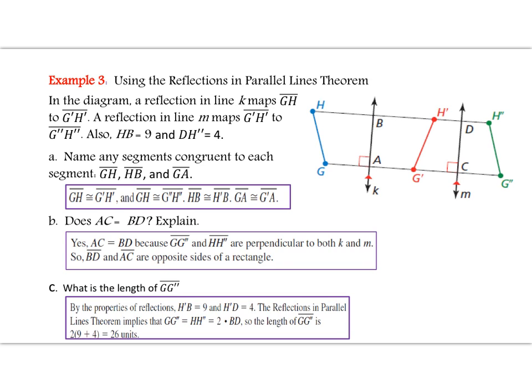By the properties of reflections, H prime B equals 9 and H prime to D equals 4. The reflections in parallel lines theorem implies that G to G double prime equals H to H double prime, which equals twice the length of B to D. So the length of segment G to G double prime is 2 times 9 plus 4, which equals 26 units.